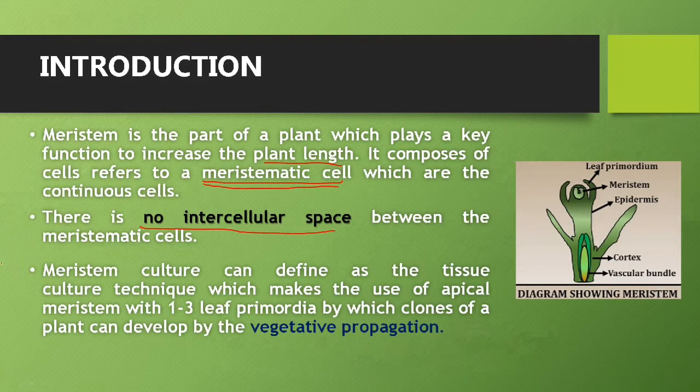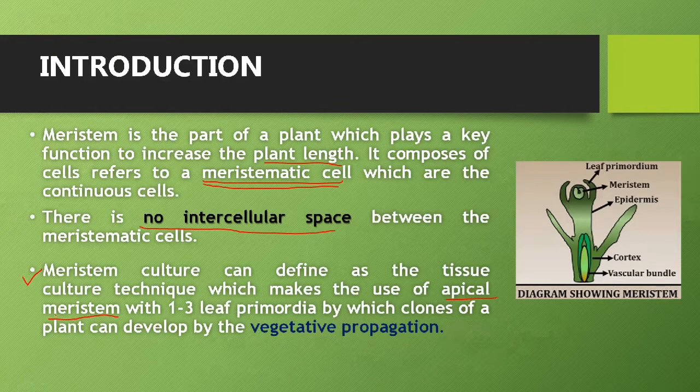Now, what is meristem culture? Meristem culture can be defined as a technique in plant tissue culture which makes use of apical meristems. There are three types of meristems generally seen in plants. First is apical, which is at the top portion. Then there is intercalary meristem, and there are lateral meristems.